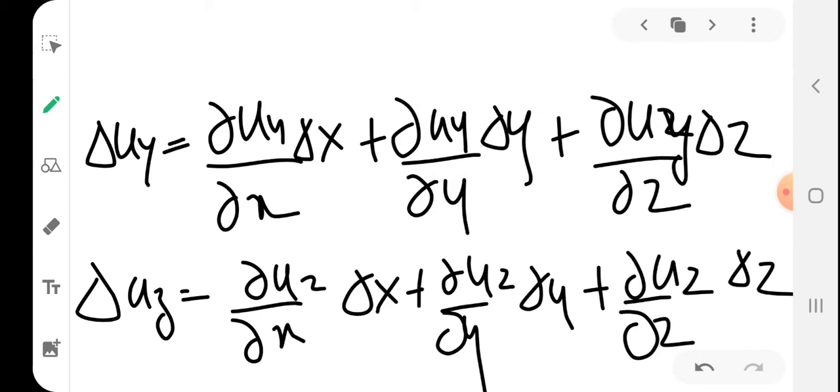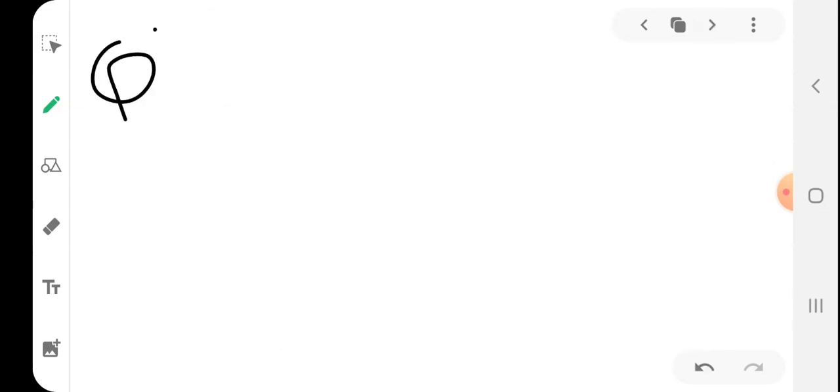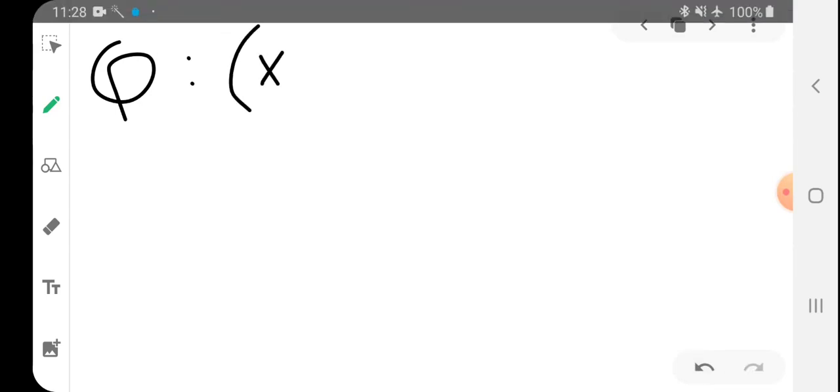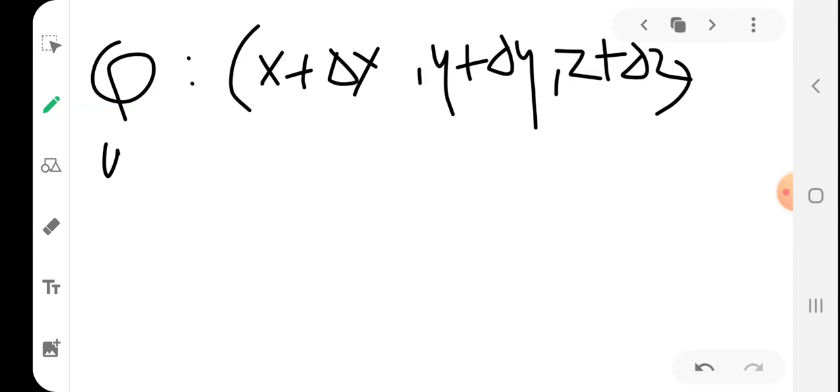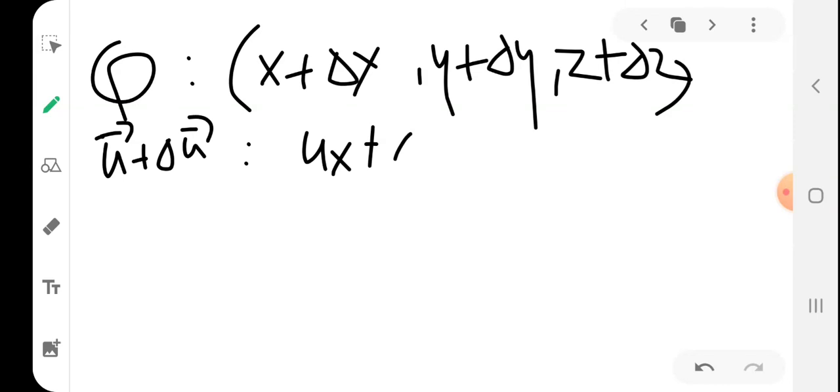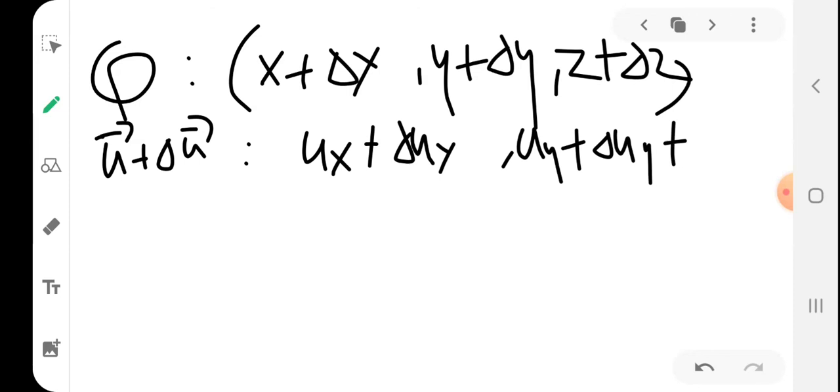So what was our aim? Our aim was to find the position vector of q dash. Q is x plus delta x, y plus delta y, z plus delta z, right? The displacement at q is the u vector plus delta u vector, with components ux plus delta ux, uy plus delta uy, and uz plus delta uz.